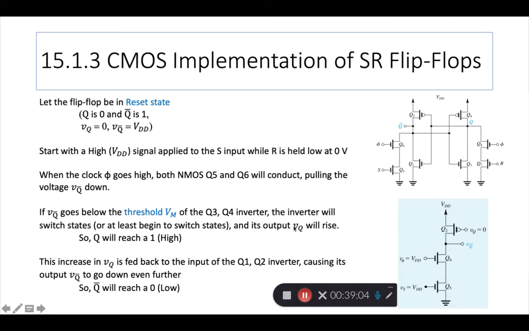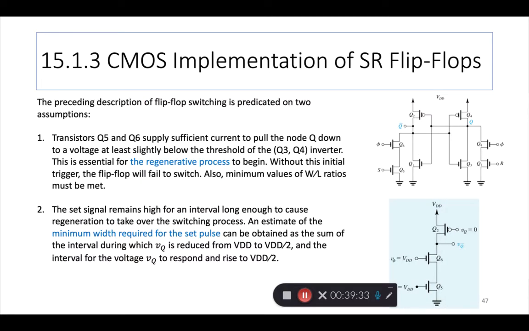Okay, so that is basically the circuit operation of the SR flip-flop. This portion in blue only talks about the AND portion of it, but this AND in conjunction together with the inverters, the G1, G2, make sure you understand how all this comes together.